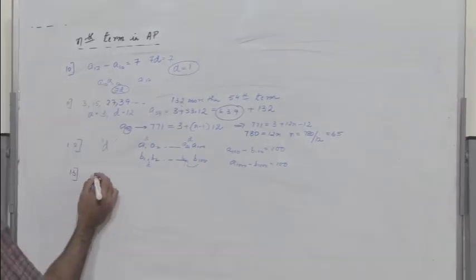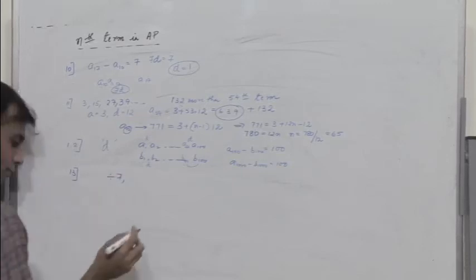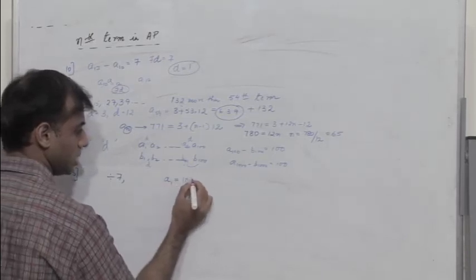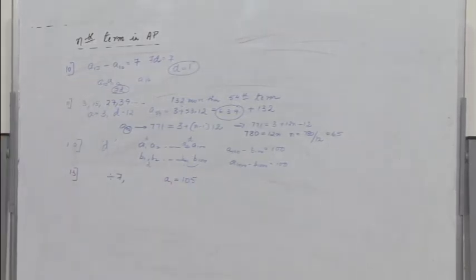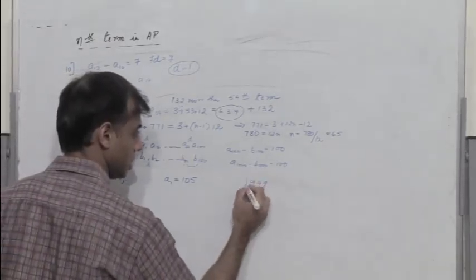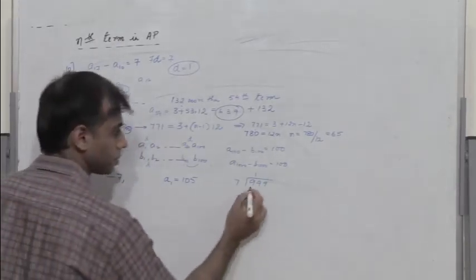How many 3-digit terms are divisible by 7? Let's find out the first 3-digit term which is divisible by 7. It is 105. We would like to know what is the last term which is divisible by 7. So let me divide 999 by 7. 7 ones is 7.